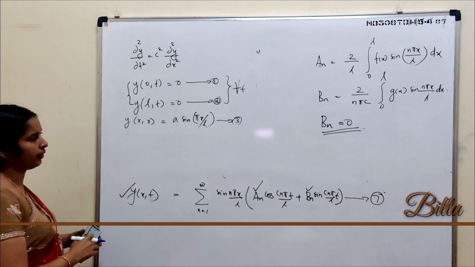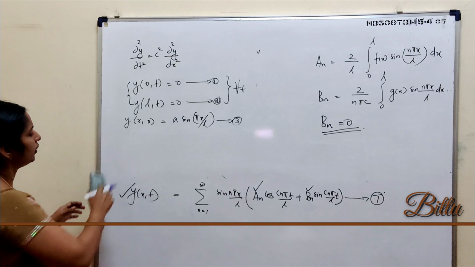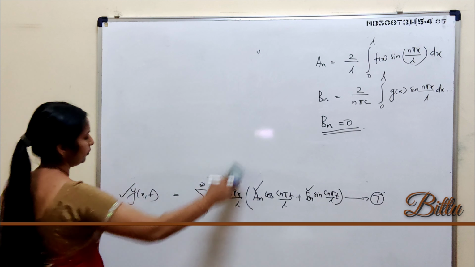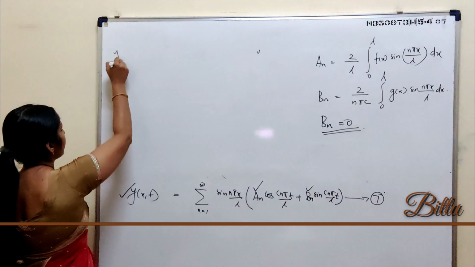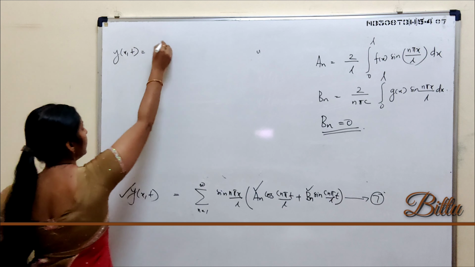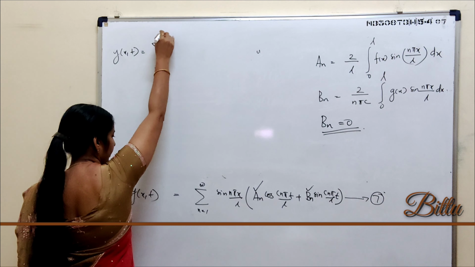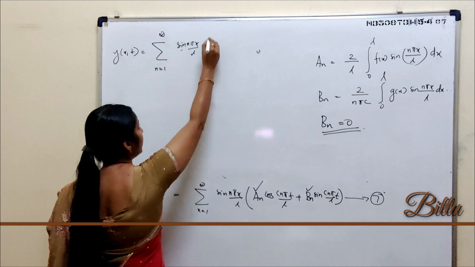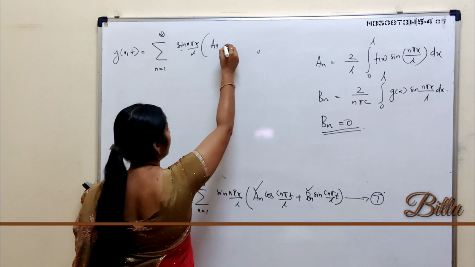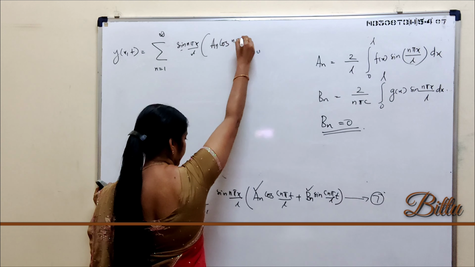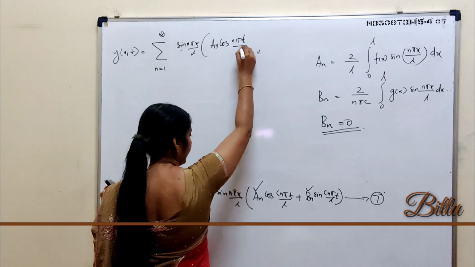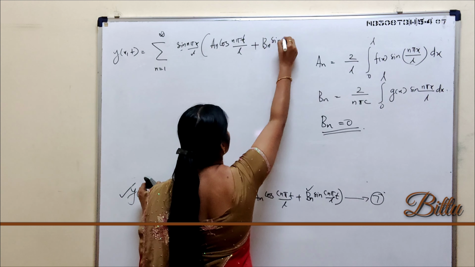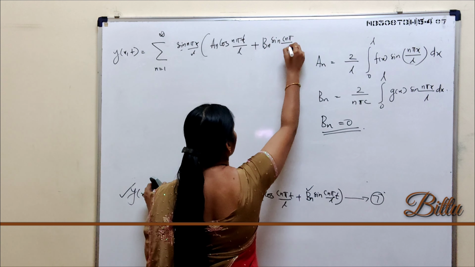This is our solution. Our solution is y of x,t is equal to sigma n equal to 1 to infinity sin n pi x by L into An cos c n pi t by L plus Bn sin c n pi by L t.